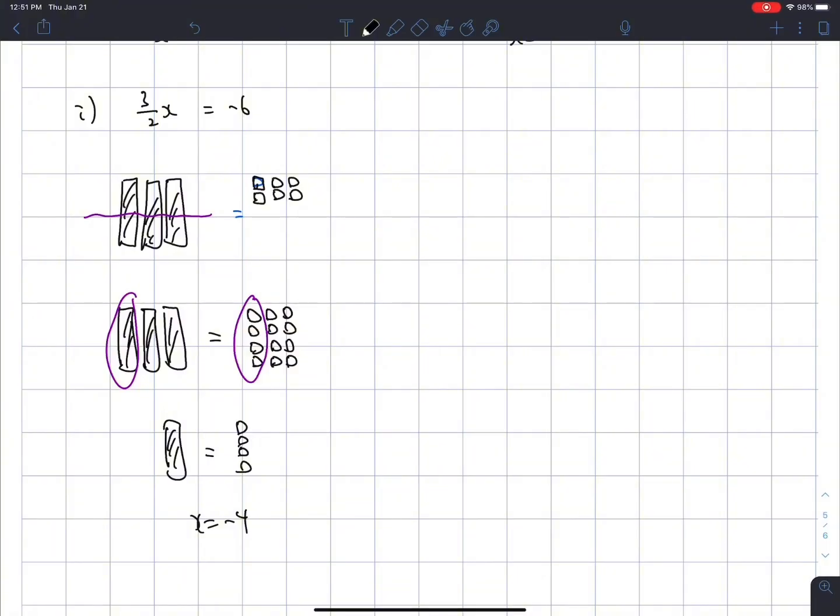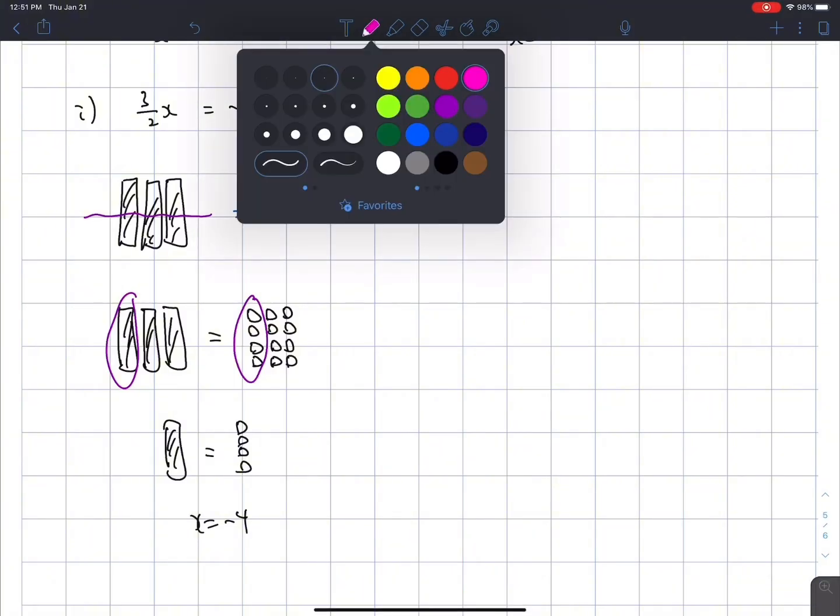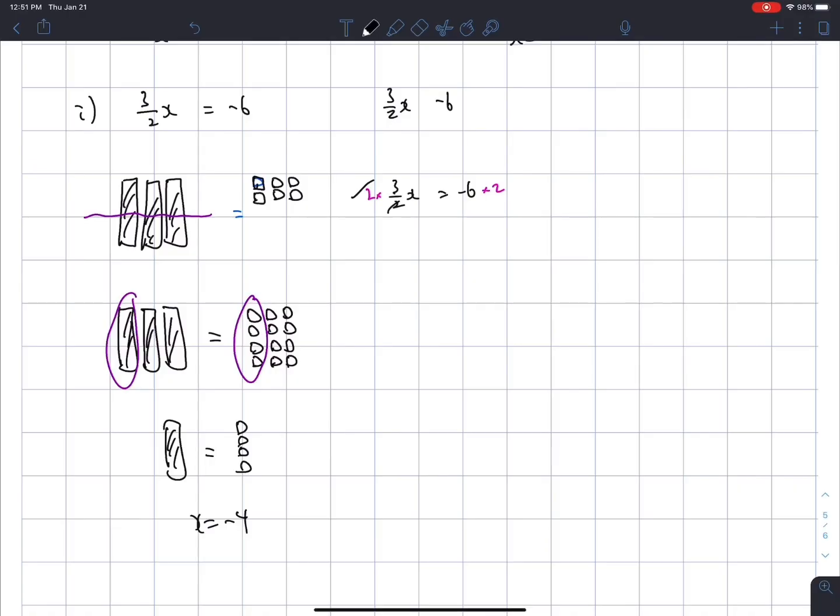And then J. So how I would do this question without using algebra tiles is I would first times 2 on both sides to get rid of the denominator, right? Just times 2 on both sides. And then we can cross that out. We get 3x equals negative 12. Oh, sorry, negative 6 times 2 is negative 12. And then we can divide both sides by 3.